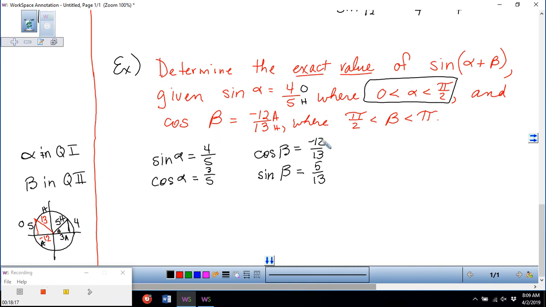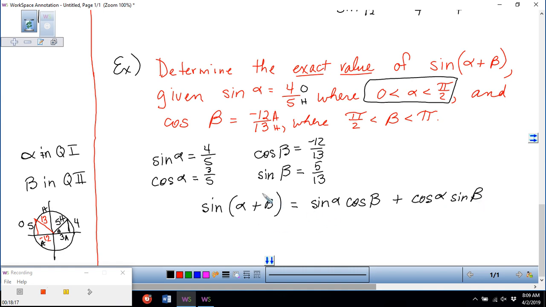And now that I already know all of my values, I can go ahead and find the exact value of the sine of alpha plus beta using the formula. So sine of alpha plus beta is equal to sine of alpha cosine of beta. Remember, in the sine formula, sine and cosine like to mix, plus cosine of alpha, sine of beta.